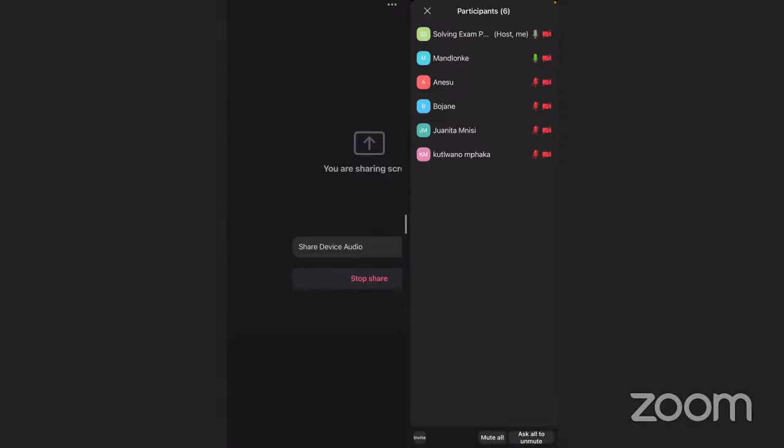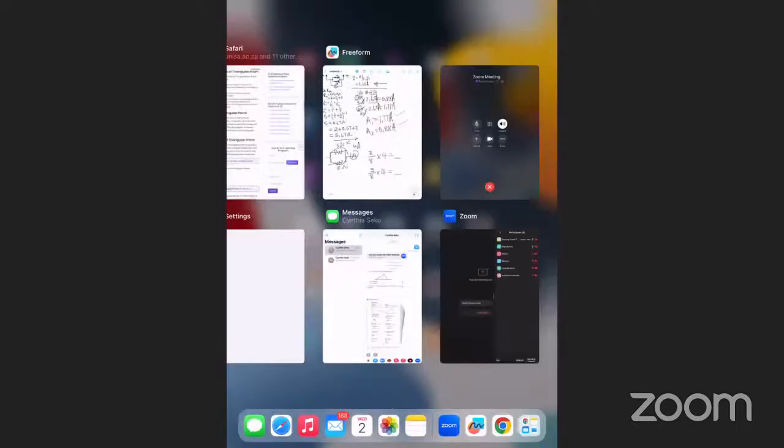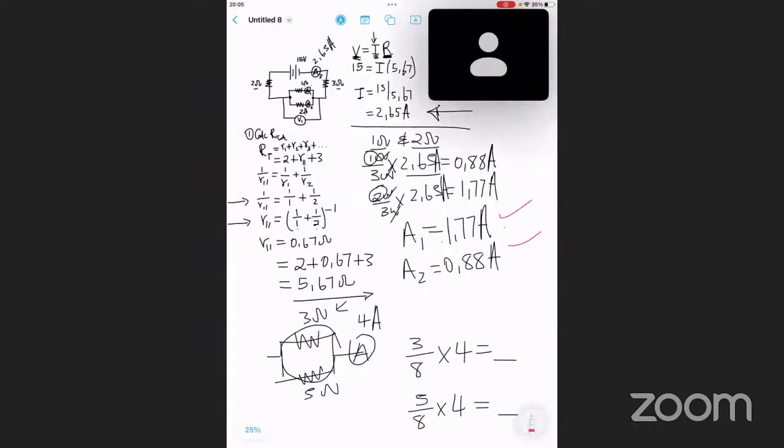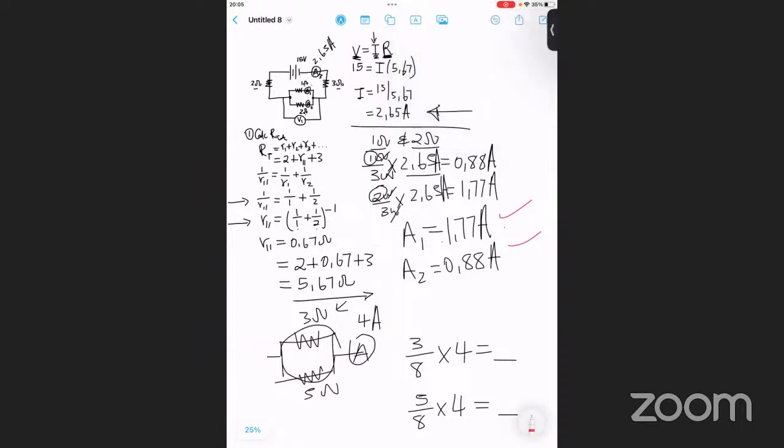On my part, I believe my answers were wrong because I chose a different method and it got me the wrong answer. But what if mine is wrong, Mendlonke? I guarantee you, sir, mine is wrong. How are you convinced? You sound so confident. Even if I don't sound confident on mine, the way you sound, it looks like it's completely out. Because I chose the wrong method, sir. That's the issue.